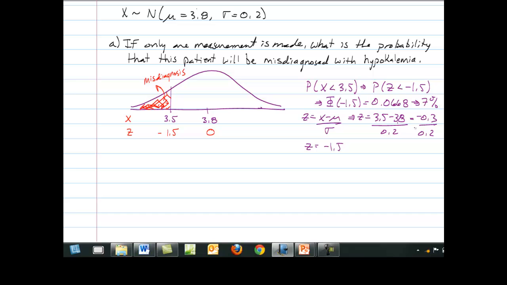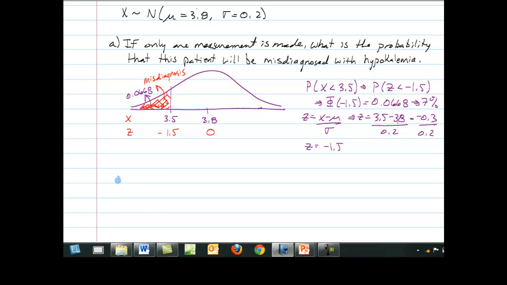The first question asks about a single measurement and therefore relies on the population distribution we have listed up here. The next question asks about the averages from 4 different measurements, so it's going to rely on a different shape of distribution. Make sure you understand which type of problem you're working with. Just as a quick note, this area is 0.0668.